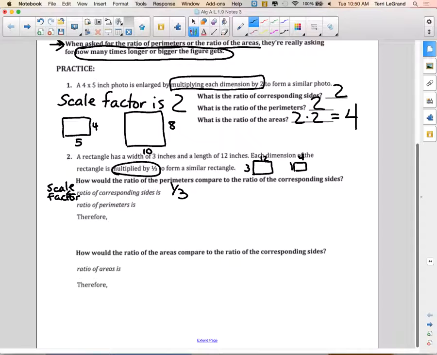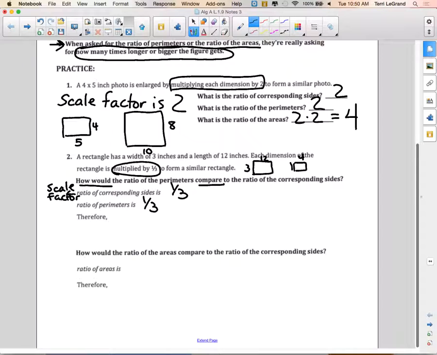What's the ratio of the perimeters? 1/3 also, isn't it? Remember the perimeters, whatever the scale factor is, that's what the perimeter is going to change by also. So the perimeter is only going to be 1/3 as long now, isn't it? So therefore, we can answer their question, how would they compare?